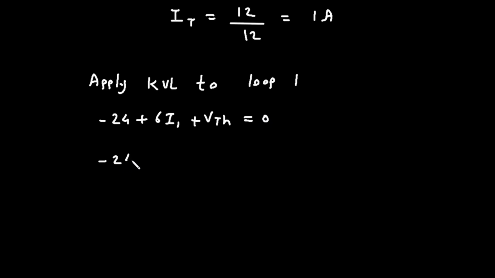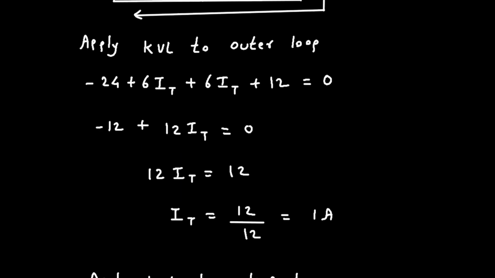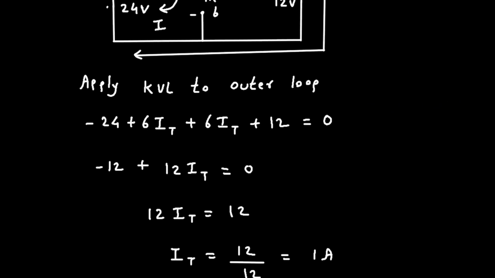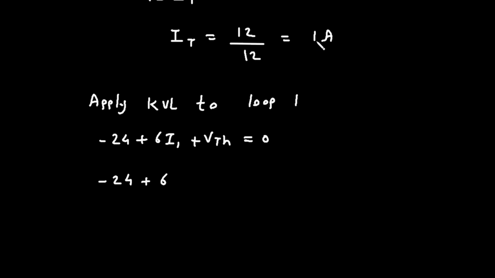Now this will be minus 24 plus 6 into I1. Now this I1 is equal to IT, and the value of IT is 1 ampere. So it will be 6 into 1 plus VTH is equal to 0.